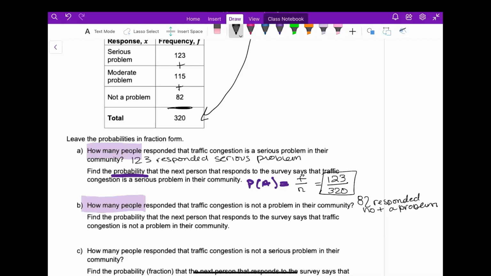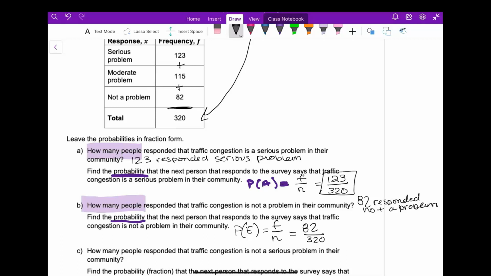The second part of this says find the probability that the next person that responds to the survey says that traffic congestion is not a problem in their community. I put an A earlier as well, and it should be an E, really. And so we're looking at the frequency divided by the sum of all frequencies. And the probability is 82 divided by the sum of all frequencies, which is 320.